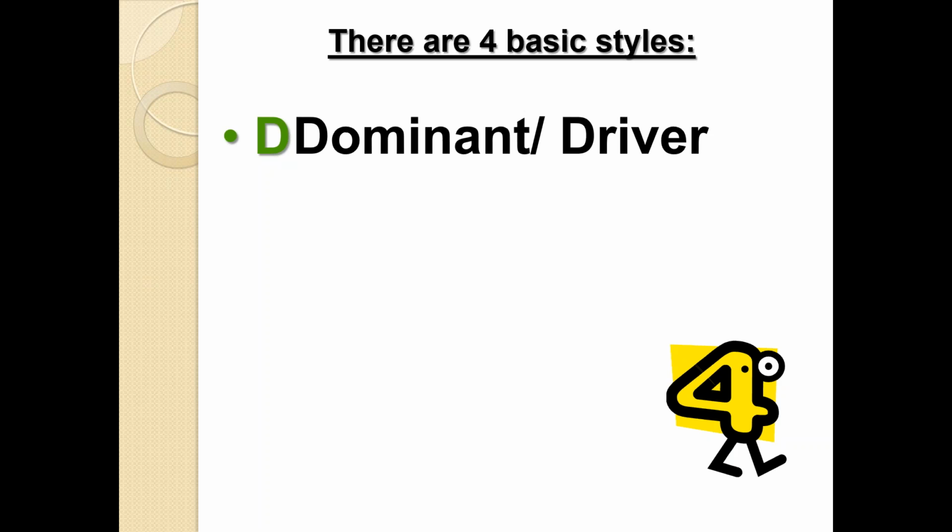They tend to sometimes be a little bit domineering. They come across strong. They tend to be highly aggressive. They're your risk takers. Anybody identify with being a D? We do have a D in the class right there.